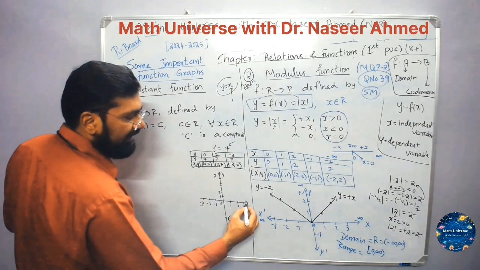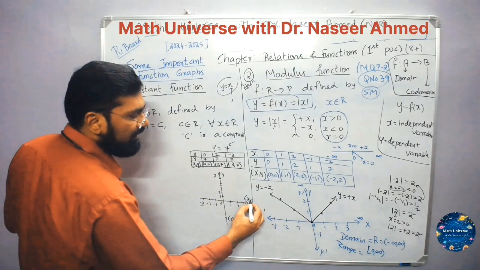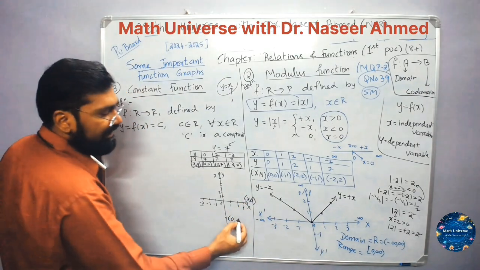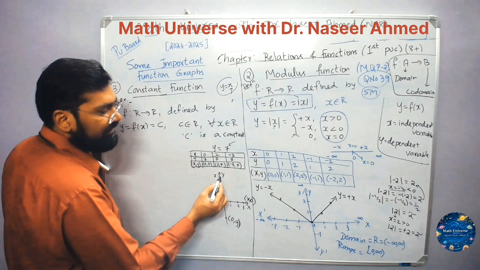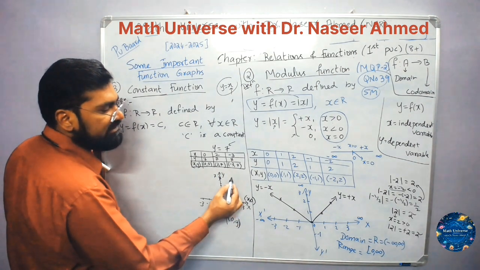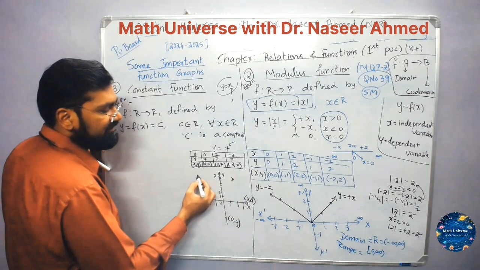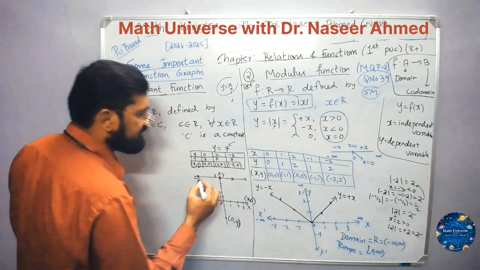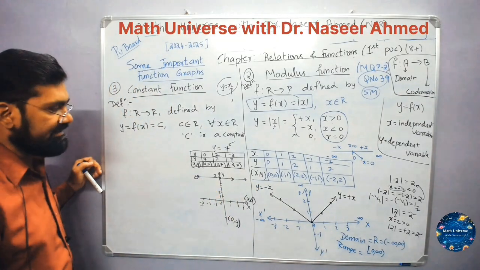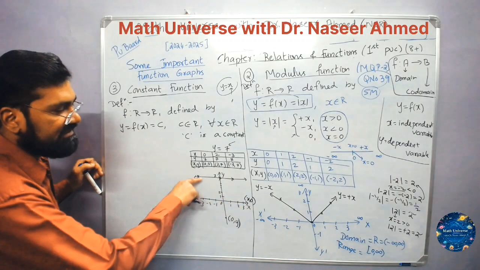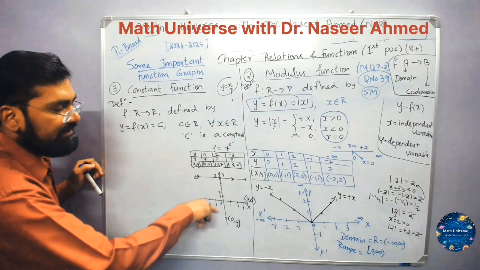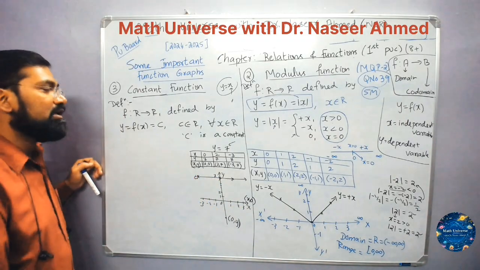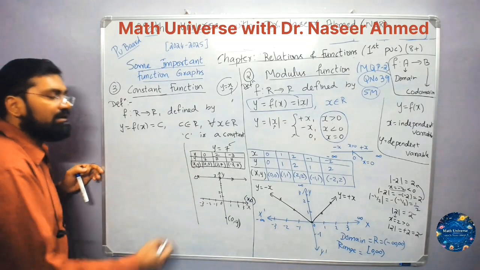Any point lying on the x axis is of the form x comma 0. So 0 comma 7 here, 2 comma 7, so 2 here and 7 somewhere here, minus 3 comma 7 somewhere here. Now if I join this, it's a line parallel to the x axis. For different values of x at 7, I have a line parallel to the x axis. I have just taken one example to make things clear.